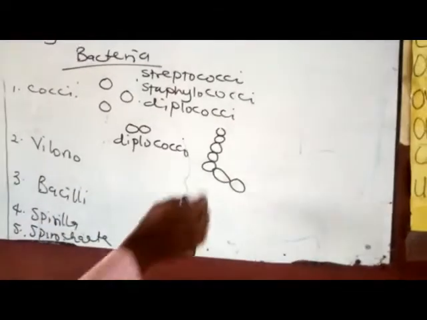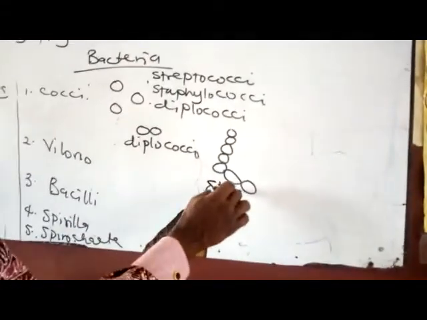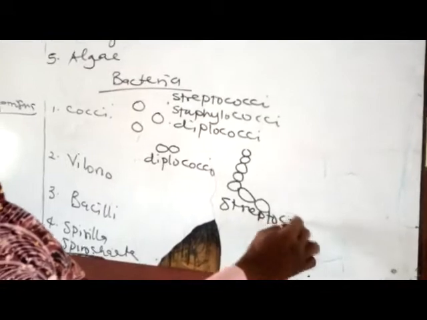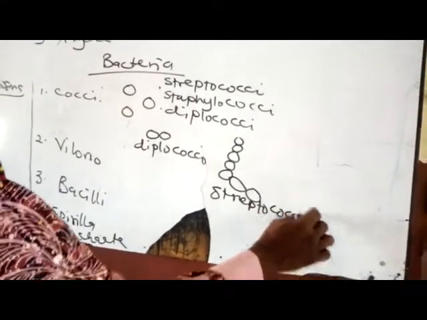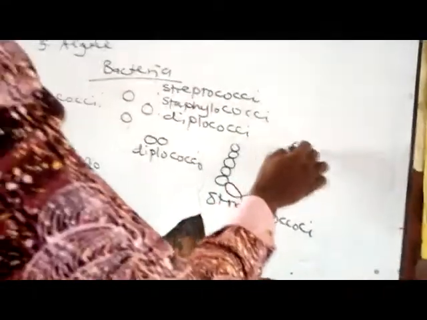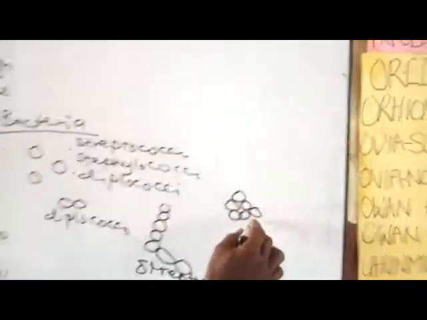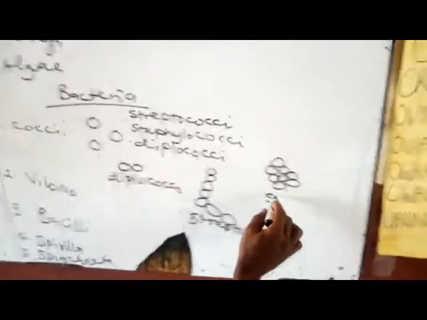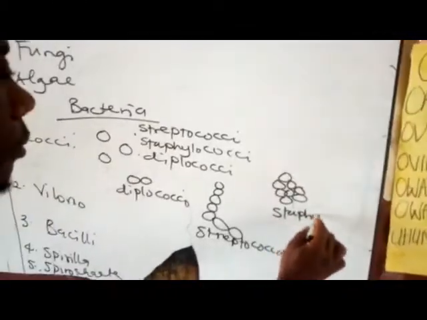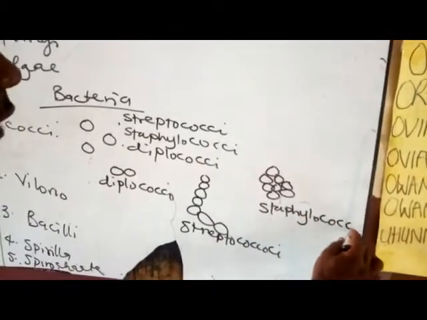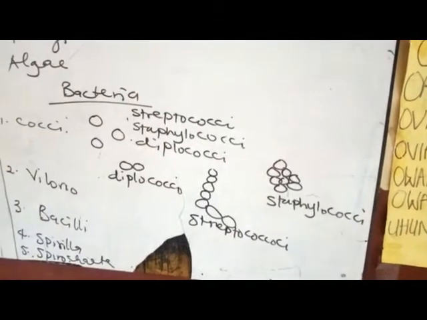When that happens, we have the one we call streptococci. Now again, if you have cocci cells that cluster together to form a collection of cells, you have staphylococci. Very important. All of these ones are important.